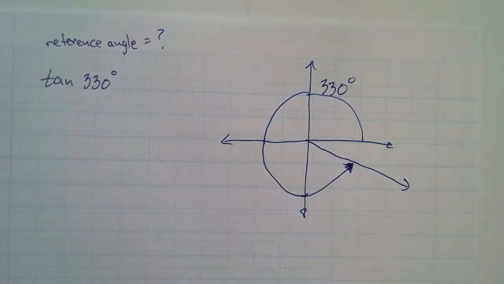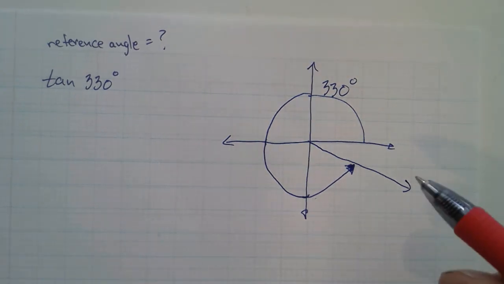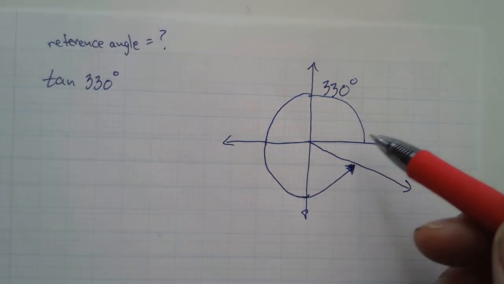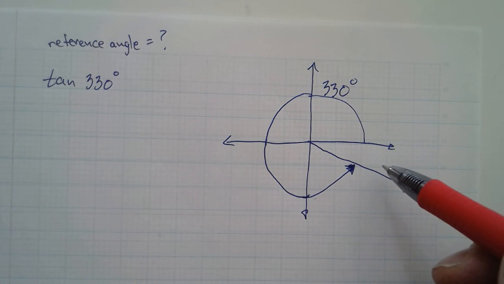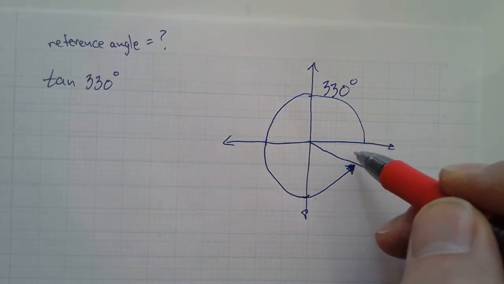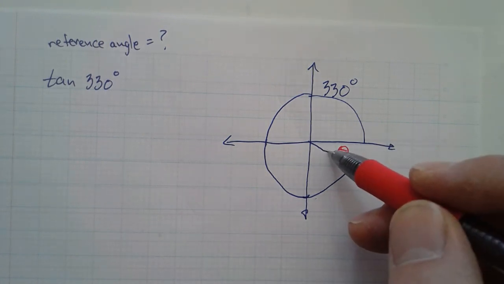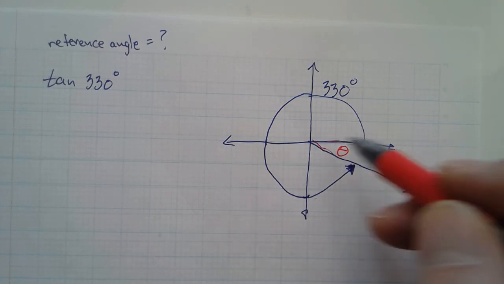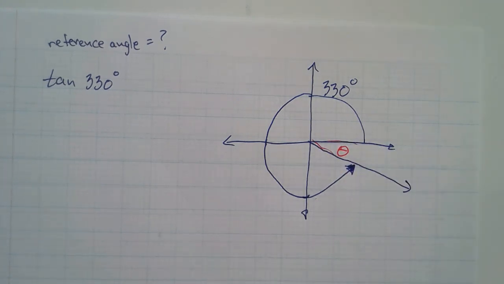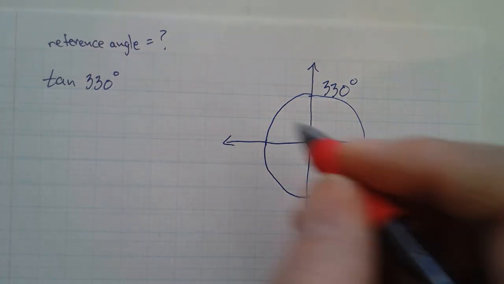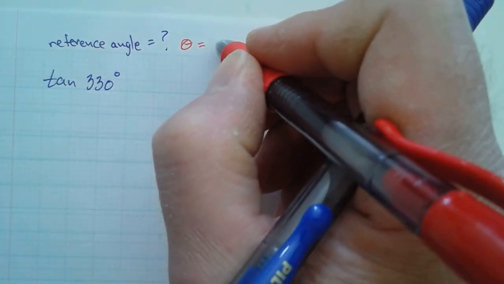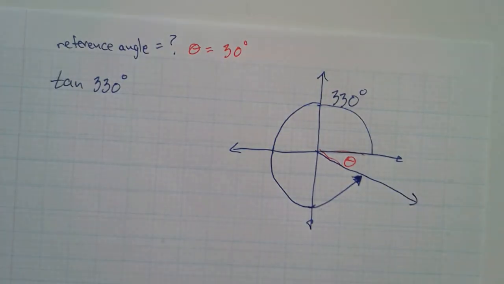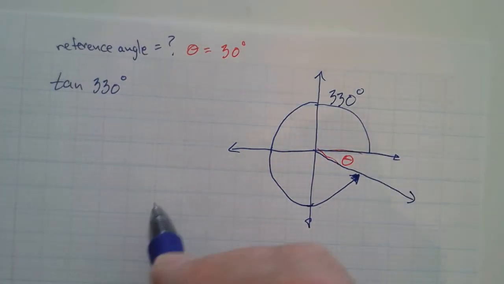And there's our angle. Now, what's our reference angle? It's the angle that it makes with the x-axis. It's not this one. This one is the angle it makes with the x-axis. How big is that? Well, the whole thing is 360, so that's a 30-degree reference angle. Okay, we draw our triangle.